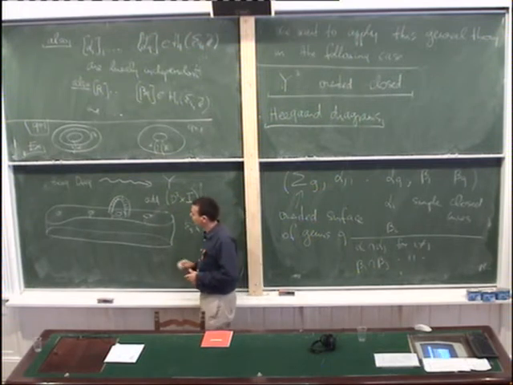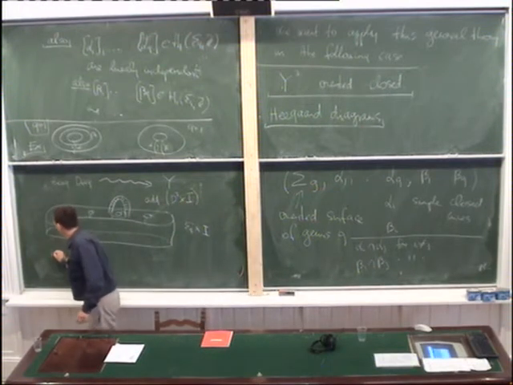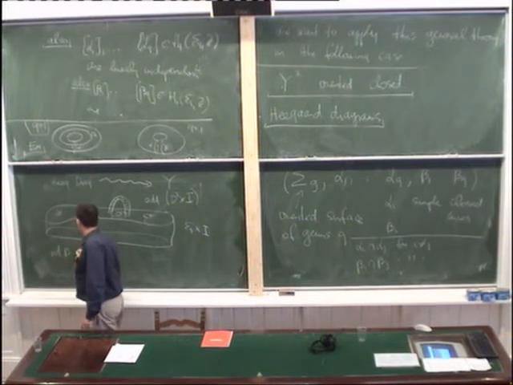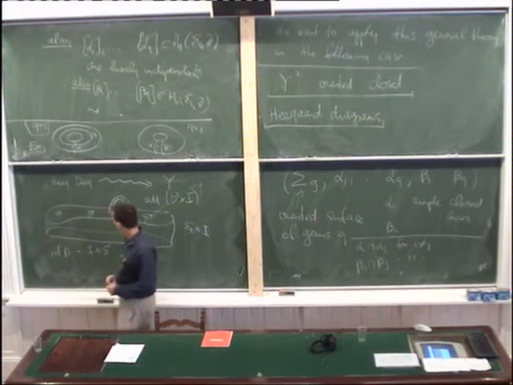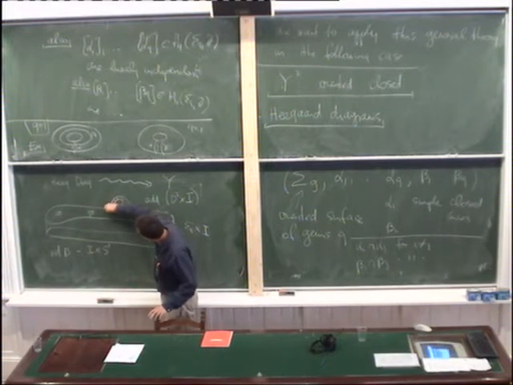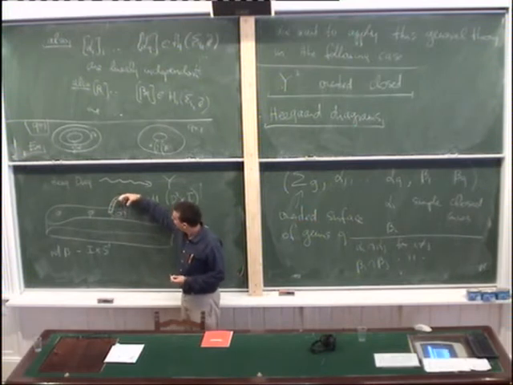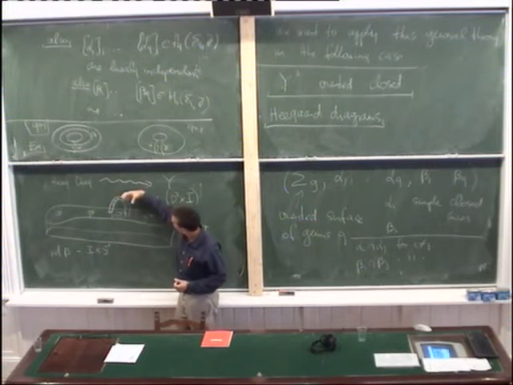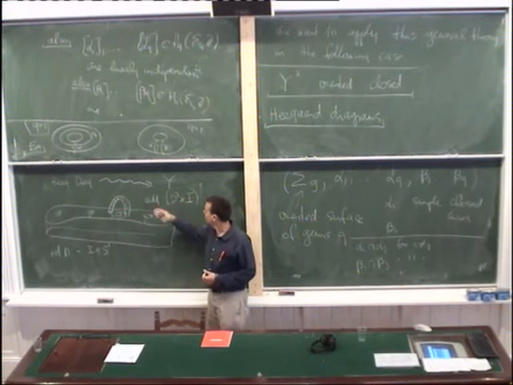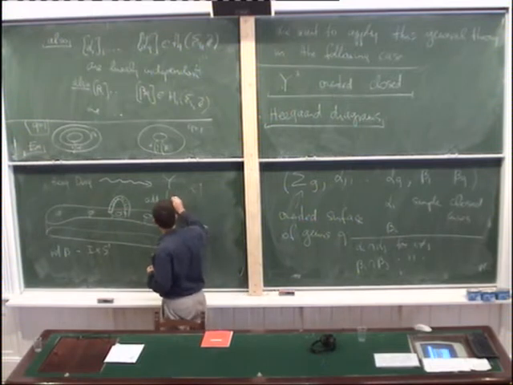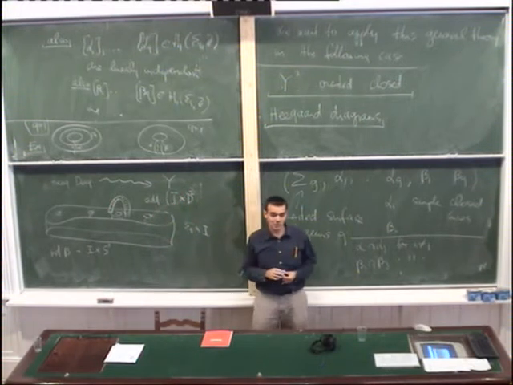So note that the neighborhood of beta is an interval cross S1, right? This is the interval, and this is the S1. And we use this annulus to attach this D2 cross an interval. Yeah, should have written I cross D2. Is that okay?